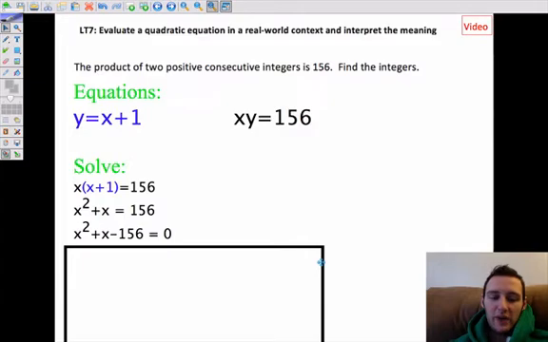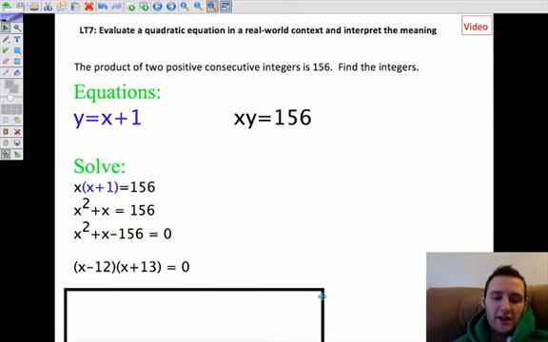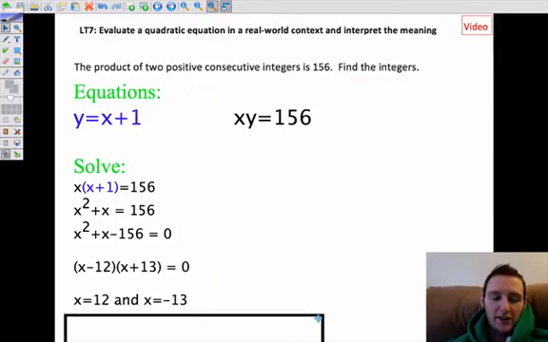So we can go ahead and factor this. We factor and get x minus 12 times x plus 13. And so our solutions, we're solving equal to 0, are x equals 12 and x equals negative 13.